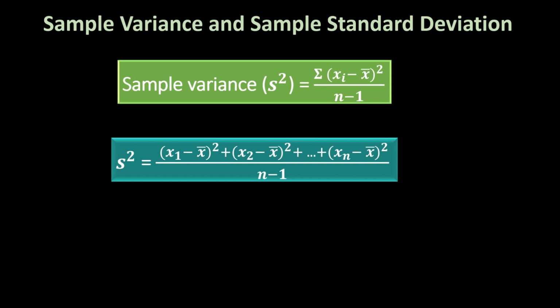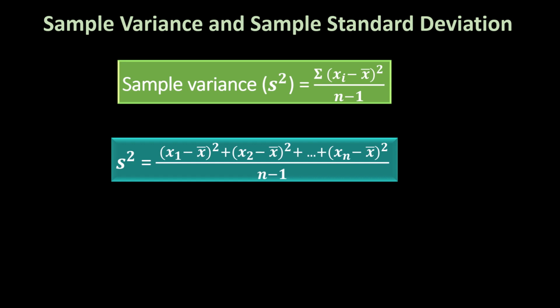So how do we find the sample variance? First, you need to find the x bar, then find the deviation of each observation, and then we take the second power of the deviation. Then we add them together and divide by n minus 1. What is the n? N is the number of observations.